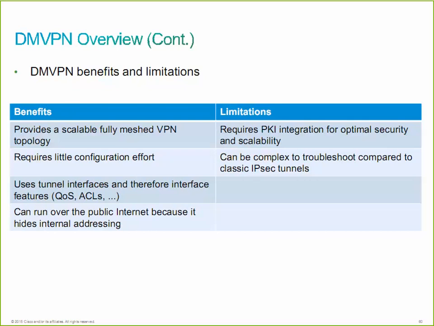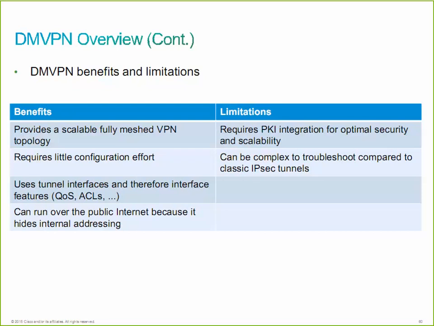Scalable full mesh VPN topologies, lots and lots of peers. The tunnels get dynamically created as they're needed. Very little configuration. The configuration on the hub doesn't change regardless of the number of peers that you add to the network.